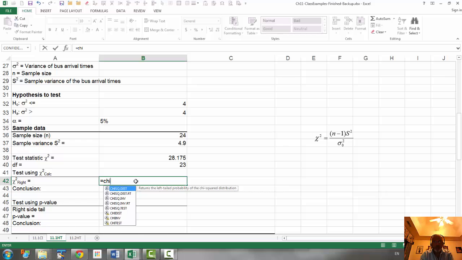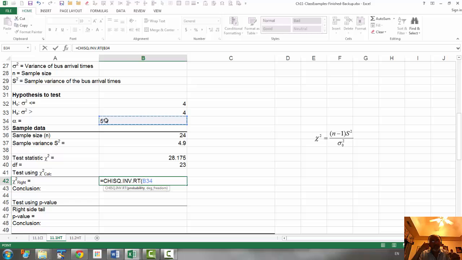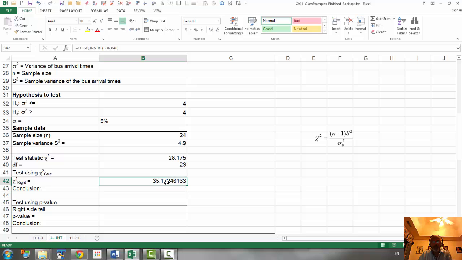So that will be chi-squared.inv.rt. If it was the left side, then you would use chi-squared.inv. So probability is alpha. This is a one-tail test, so we don't do alpha over 2. It's just alpha, and degrees of freedom. So that's our table value.